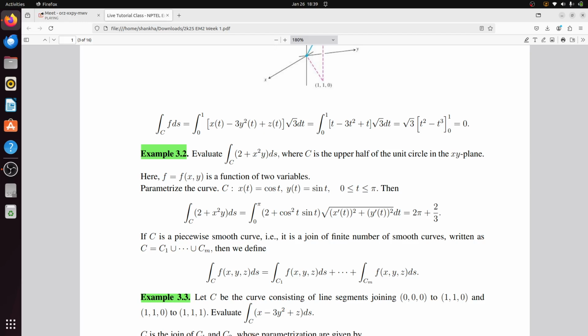You assume this ratio equal to t. Then from that you just calculate it, but you have to see up to which limit your t is varying.